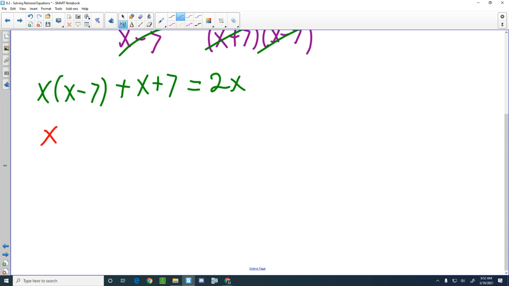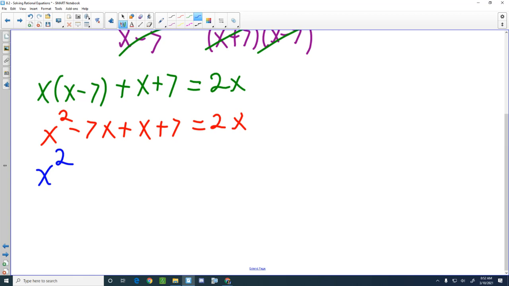Distribute, and we get x squared minus 7x plus x plus 7 equals 2x. We're solving for the variable, but there's an x squared and an x, meaning this is a quadratic equation. So you want to bring everything to one side, right? Set it equal to 0.